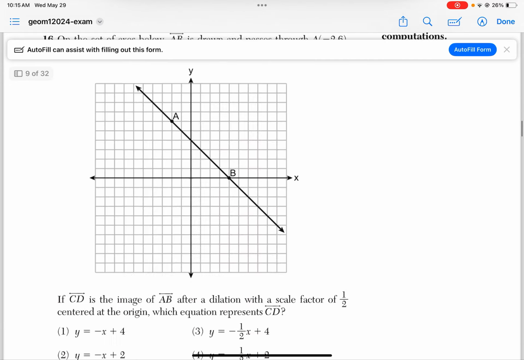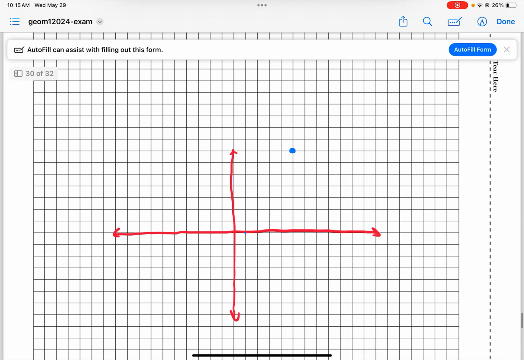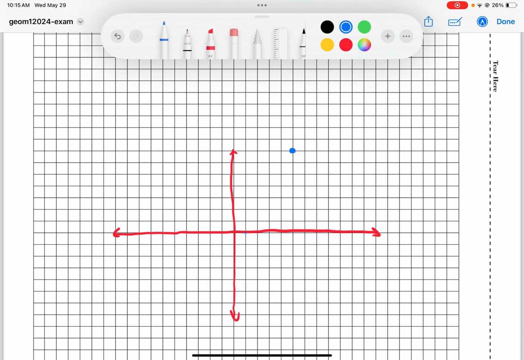Yes, it is. Okay. So right there. Okay, and this is a line segment, so let's connect those lines together the best that we can.